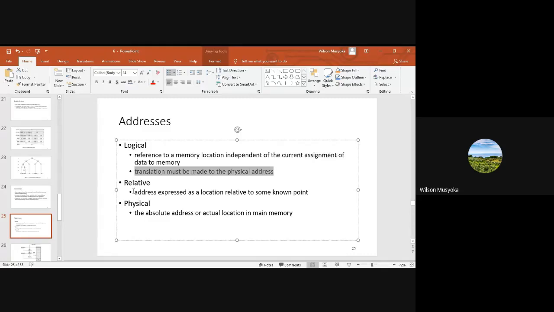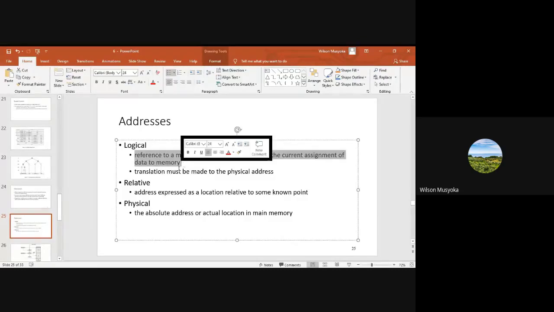Then we have a relative address, whereby this address is expressed as a location relative to some point. Then we have the physical address, which is the actual location in main memory. This logical reference could be an address which is stored somewhere in the registers or the cache memory.